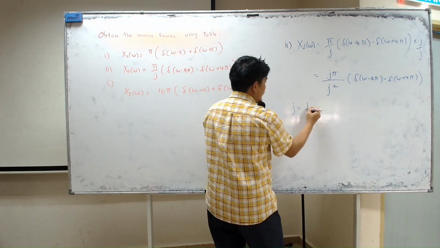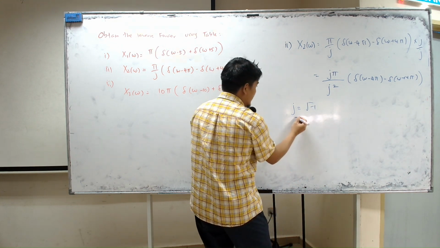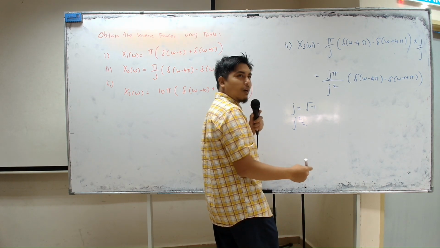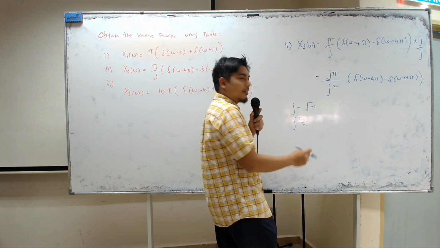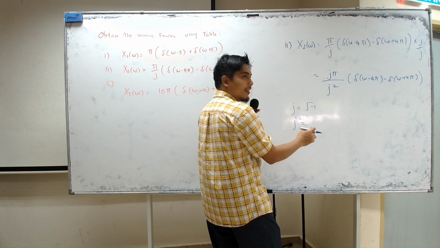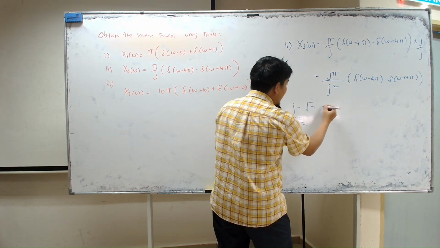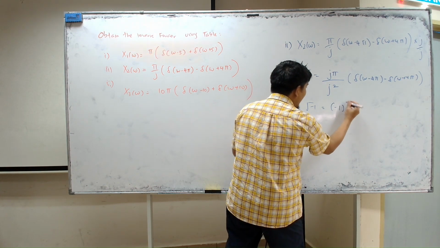Since j equal to square root of negative 1, j square, is it 1? The square root is actually negative 1 to the power of 1 over 2.